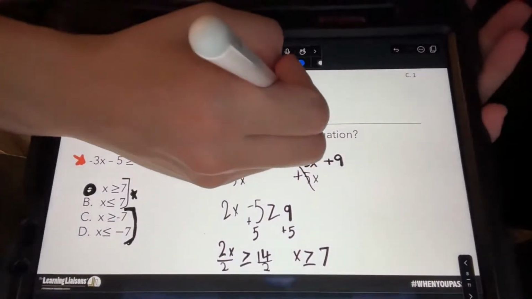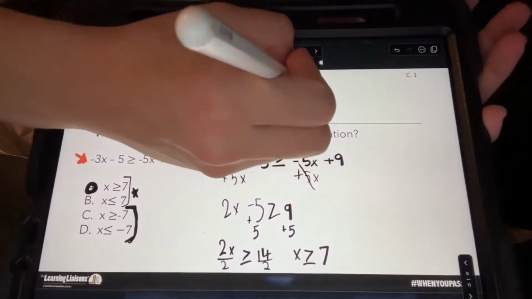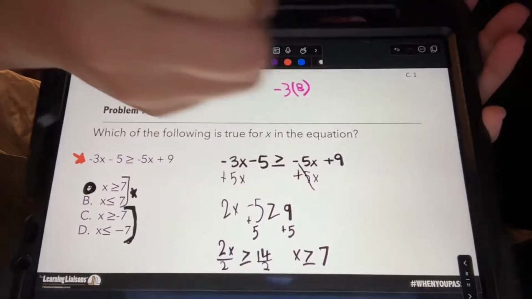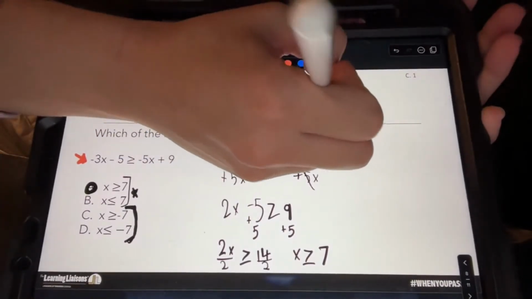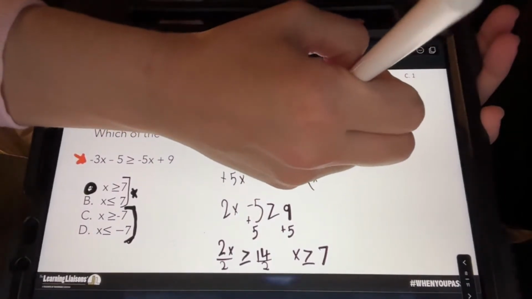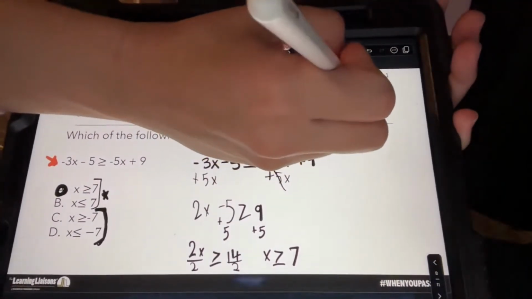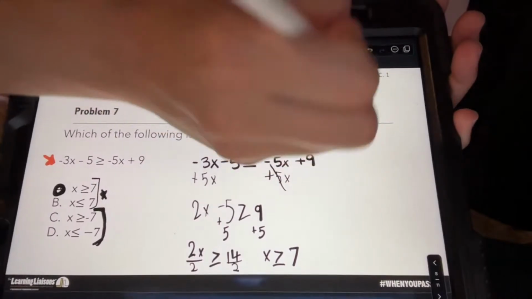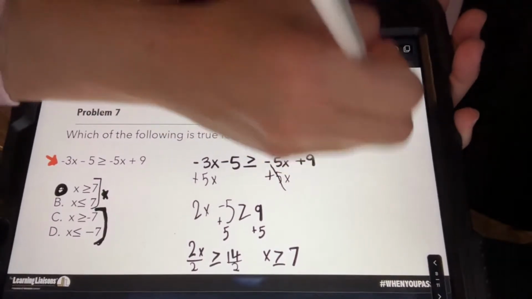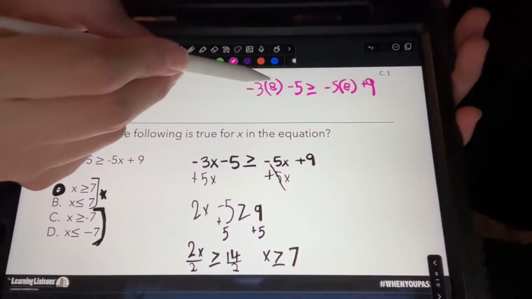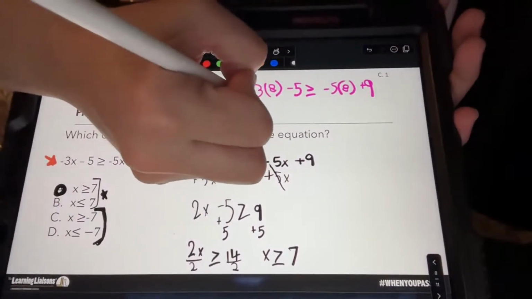Negative 3 times 8 minus 5 is greater than or equal to negative 5 times 8 plus 9. And I'm going to solve this. Negative 3 times 8 is negative 24.